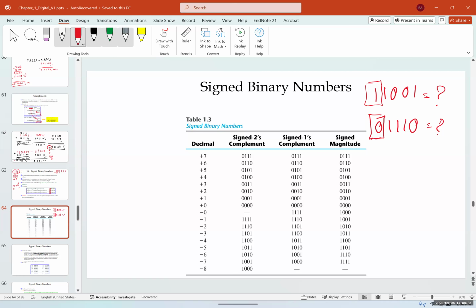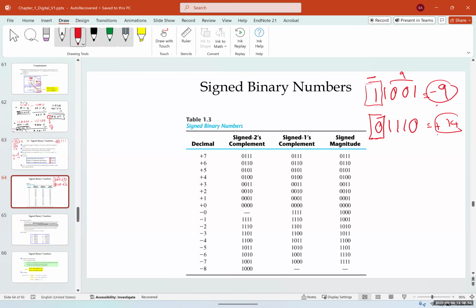The first one is negative and this is 9, so it's going to be negative 9. And the second one is positive 14. If everything was 1, it would be 15; you minus 1, it's going to be 14. It's an easier way to find it. So negative 9 and 14.